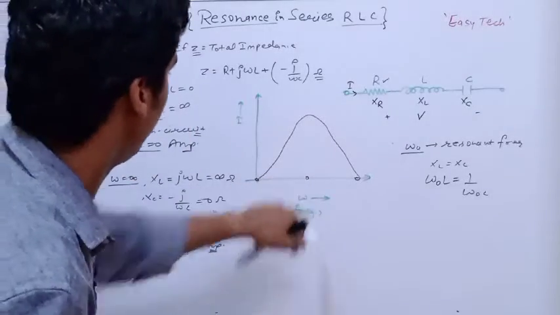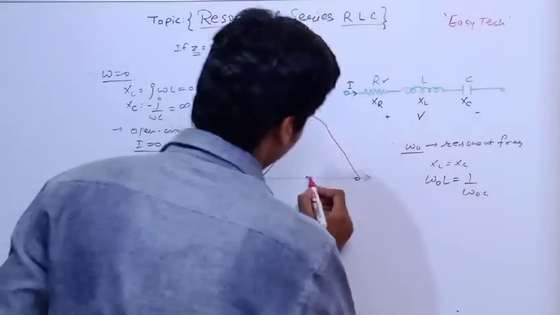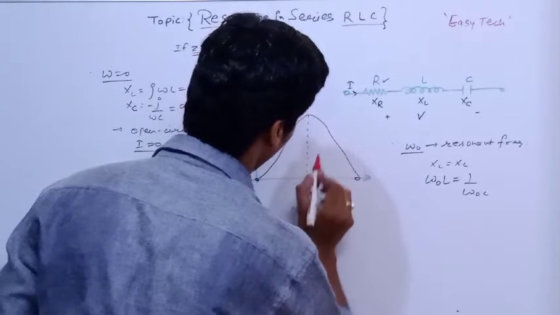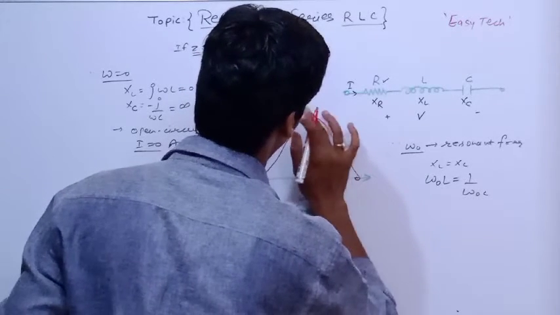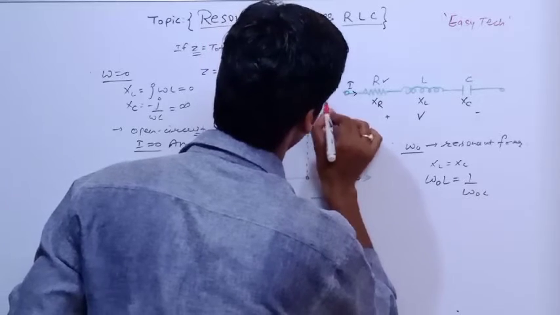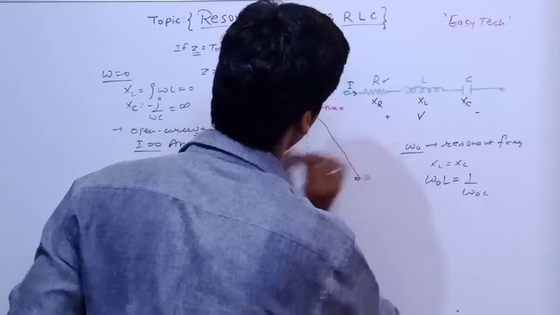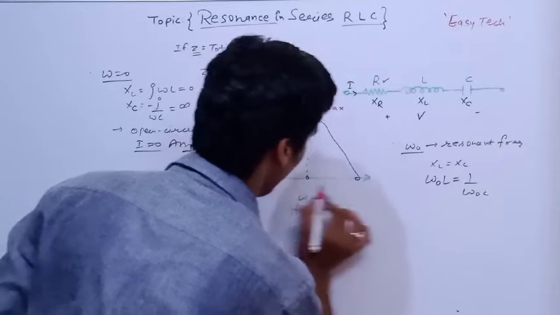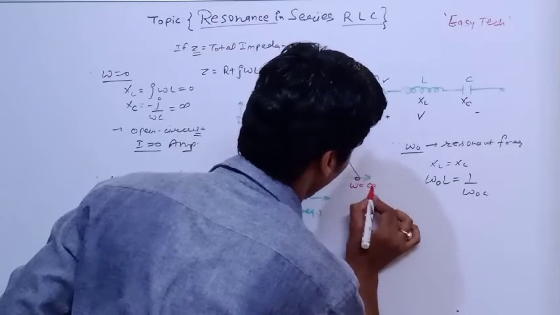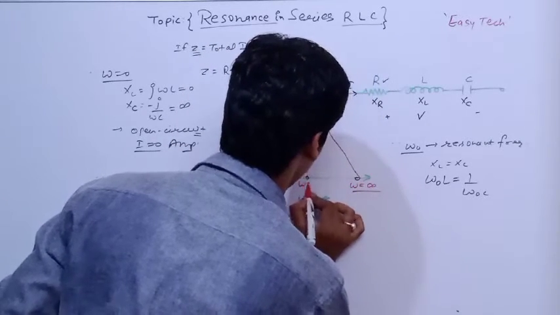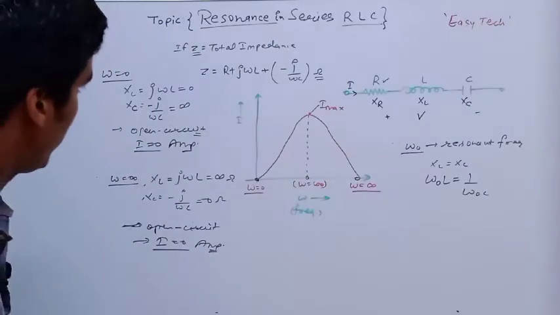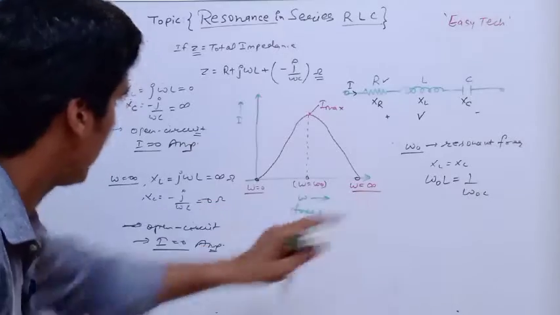At this frequency this will be I maximum. This is omega equal to 0, this is omega equal to infinite, and this is omega equal to omega naught. This is the resonant frequency. This should be the graph of I versus omega.